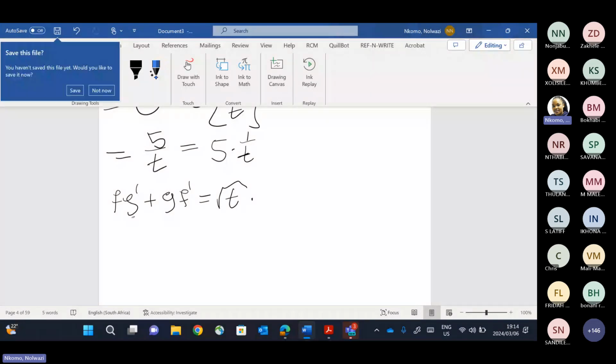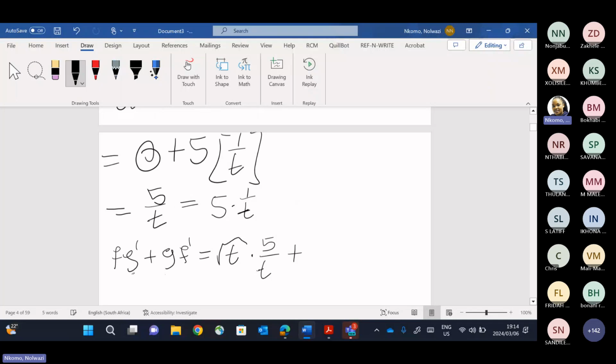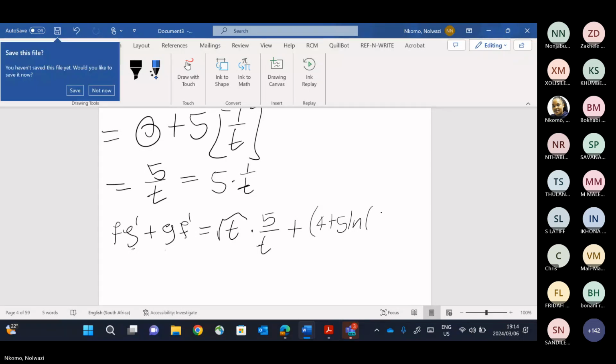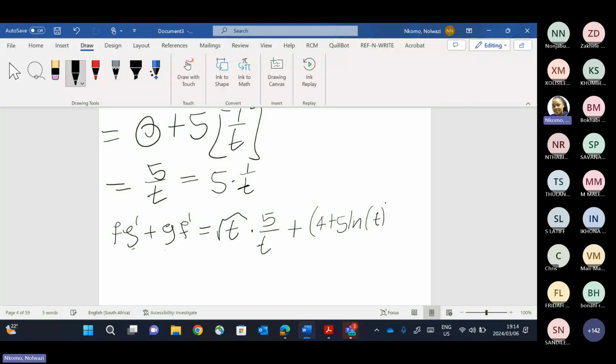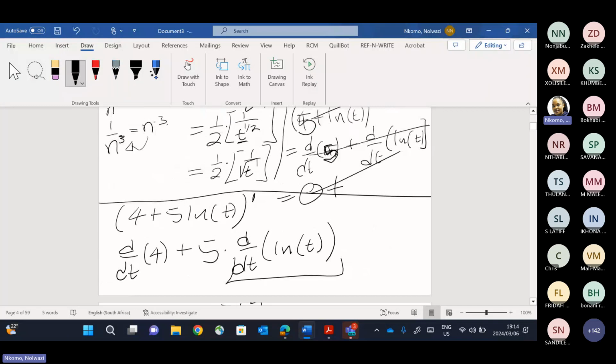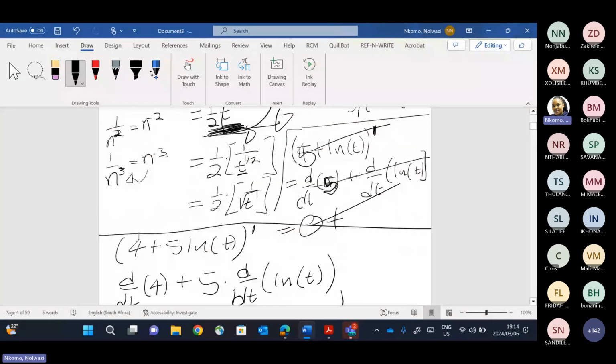The derivative of g, we said, is 5 over t, plus g. G is 4 plus 5 ln t, then times the derivative of f. F is root t, so let me just write it like this.